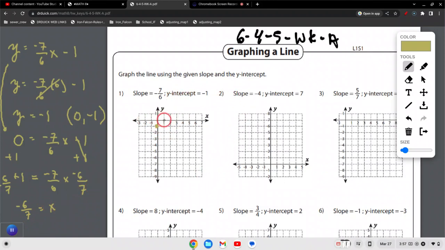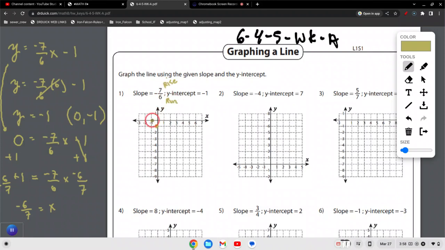So if we're not moving on the y, minus 6/7 being x would be just about close to the 1. Wow, this is really tight for a graph, okay? But we can also use the old rise over run routine. How do I do this? My rise is on the top and my run is on the bottom.